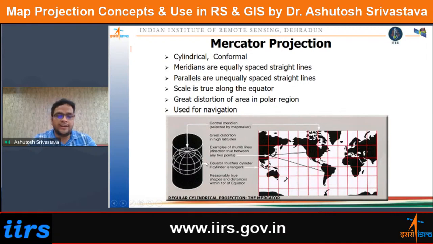So as I told you, when it is a tangent case, the line will be touching, and scale is true along the equator. So there will not be any distortion along this line. But there is great distortion of area in the polar region.